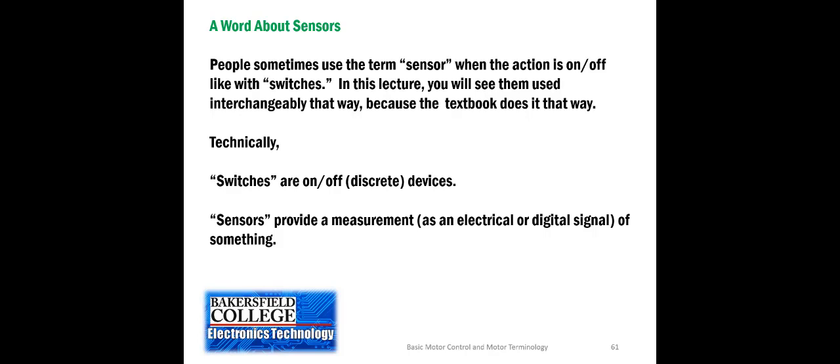How many inches of level? Things like that. But people also use the word sensor for a discrete device, which is either on or off. Theoretically, you want to call all of those devices switches, because the function of a switch is to either control current going through it, turning it on, or stopping the flow of current by turning it off.